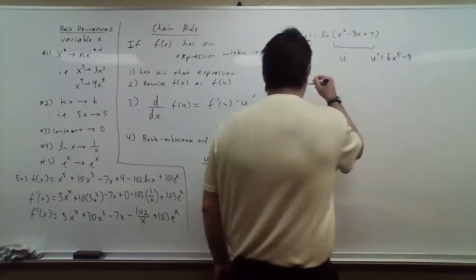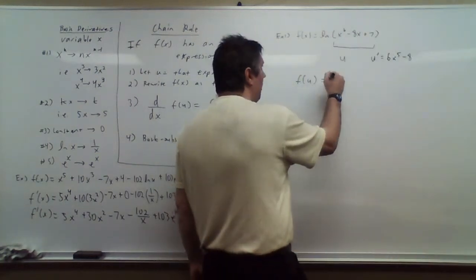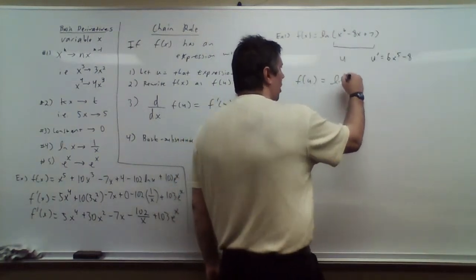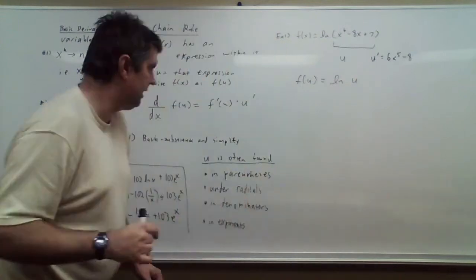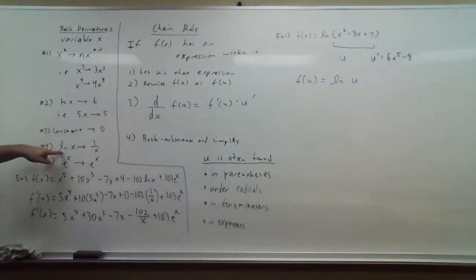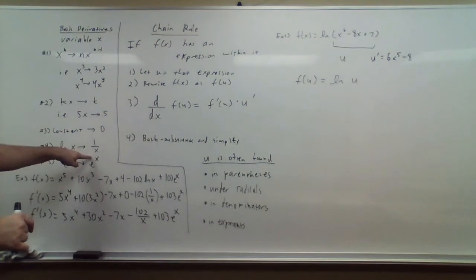Okay, f of u would be natural log of u. Here's the rule for the natural log: the derivative of natural log of x would be 1 over x.